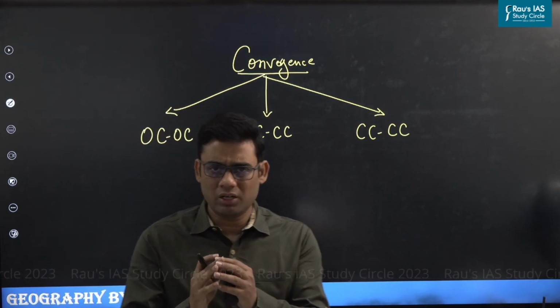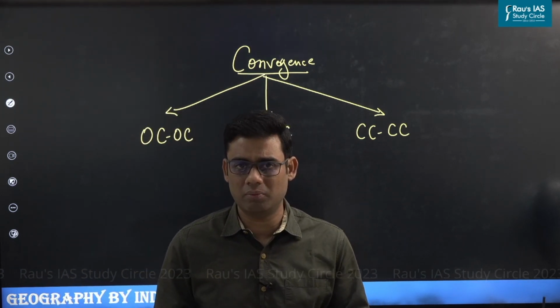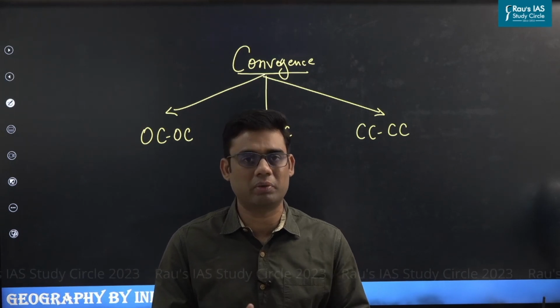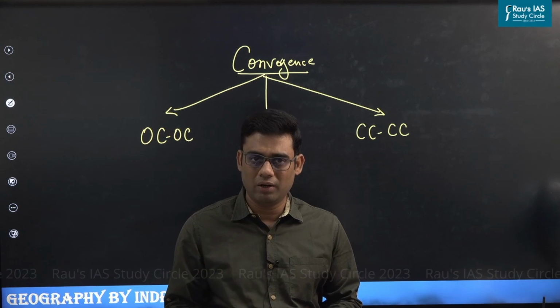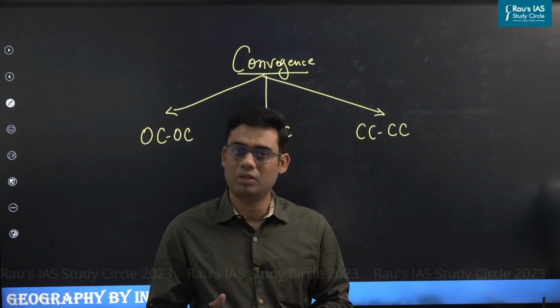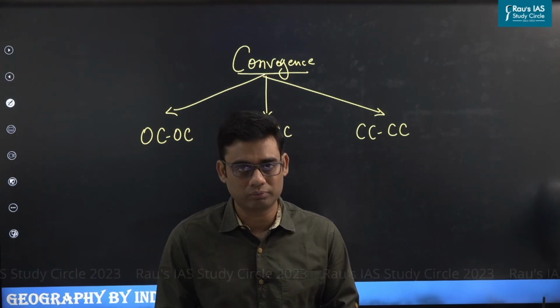These are the three possible combinations of crust types at convergent plate boundaries.